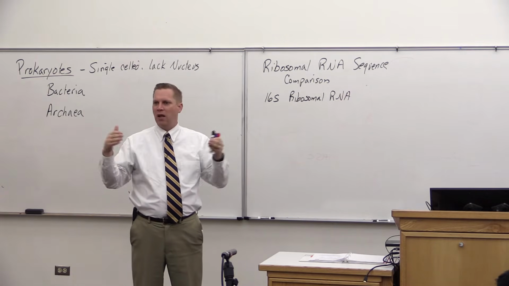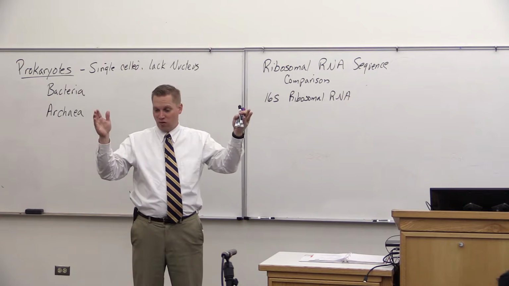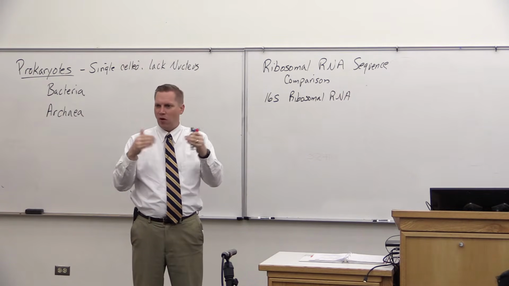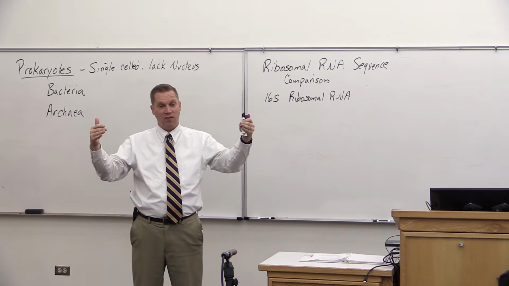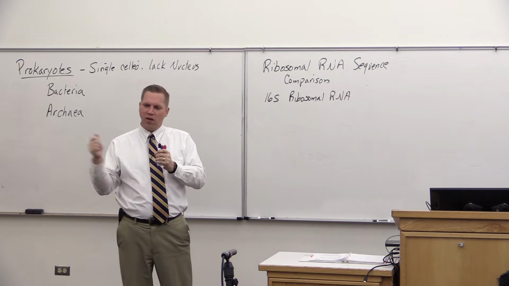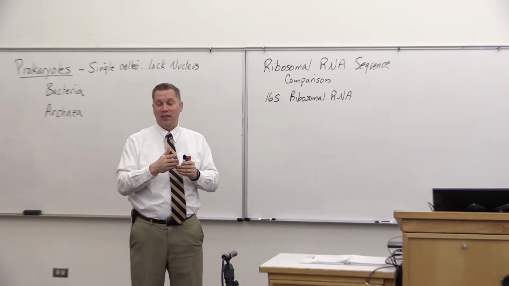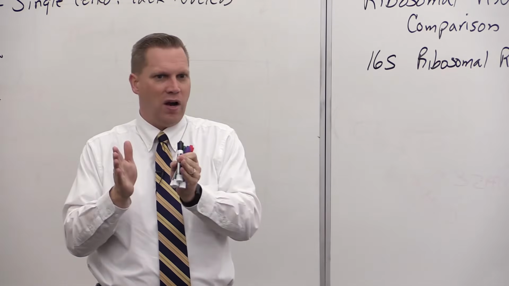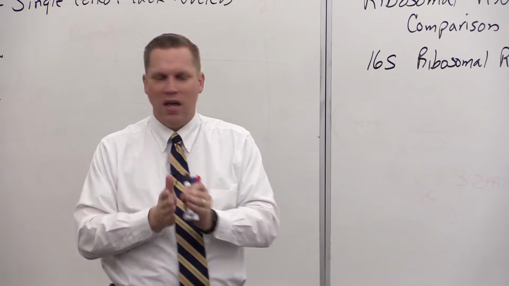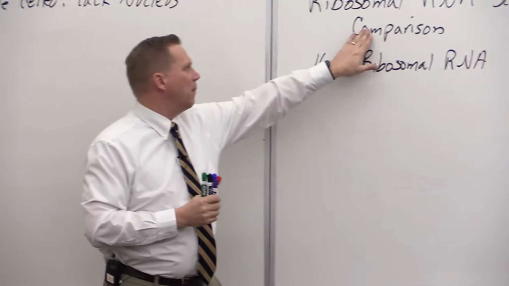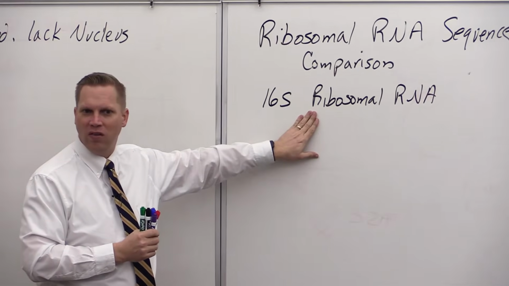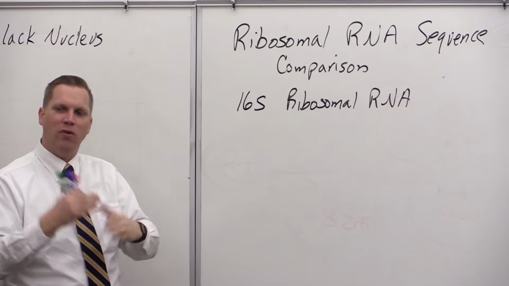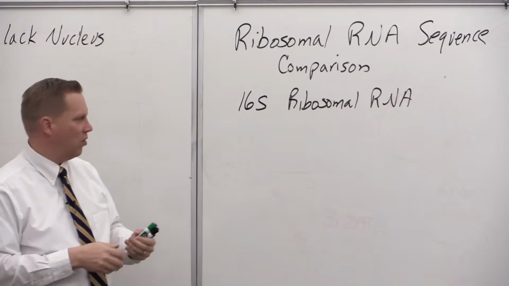And the farther apart those two species are, the more time has passed for mutations to crop up in those RNA sequences as they have diverged from each other. And so the farther apart two things are, the farther back they had their common ancestor, you'll see more sequence variations. And the closer they are, you see fewer sequence variations. And that was the idea behind the comparison of these ribosomal RNA sequences. All organisms have them, and when they started to compare them, you can start to tell how far those two species diverged.